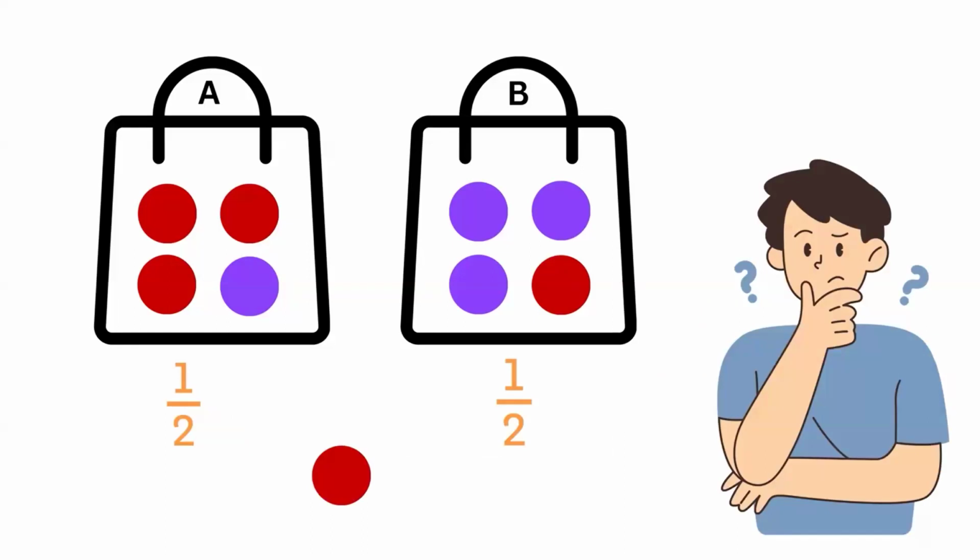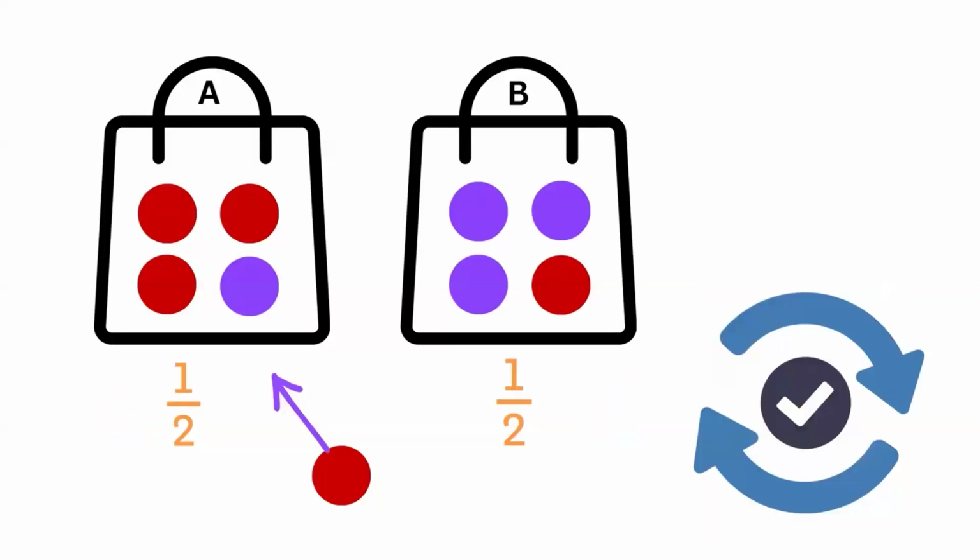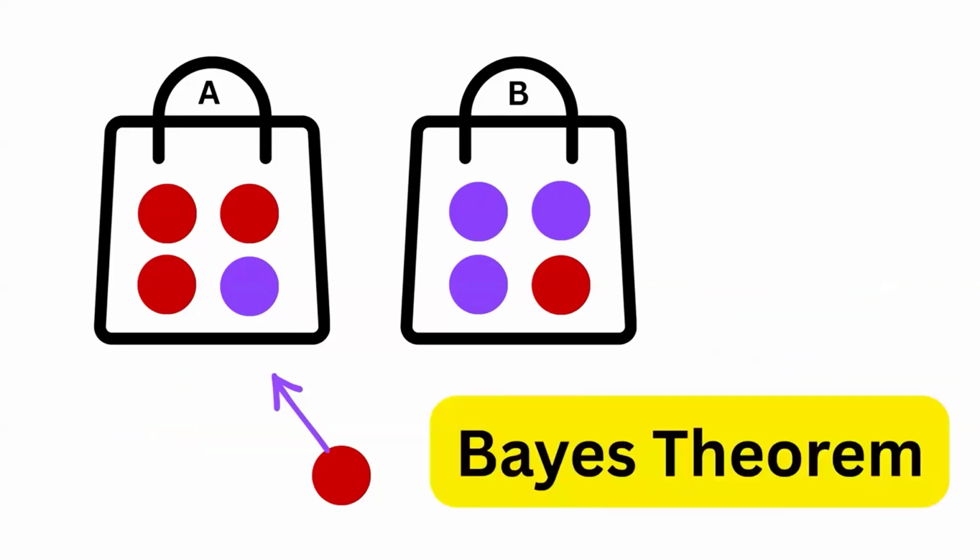Instead of still thinking both bags are equally likely, we will now lean more towards bag A, because it is the bag with a higher chance of producing a red ball, right? This updating of probabilities based on fresh evidence is exactly the heart of Bayes' theorem.